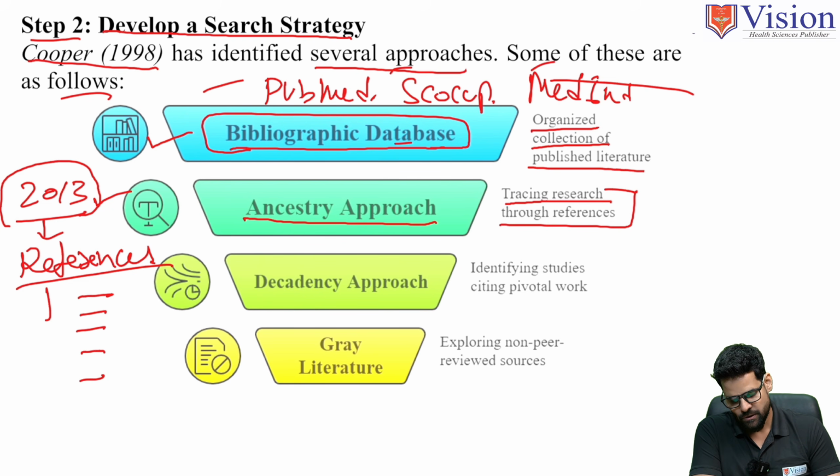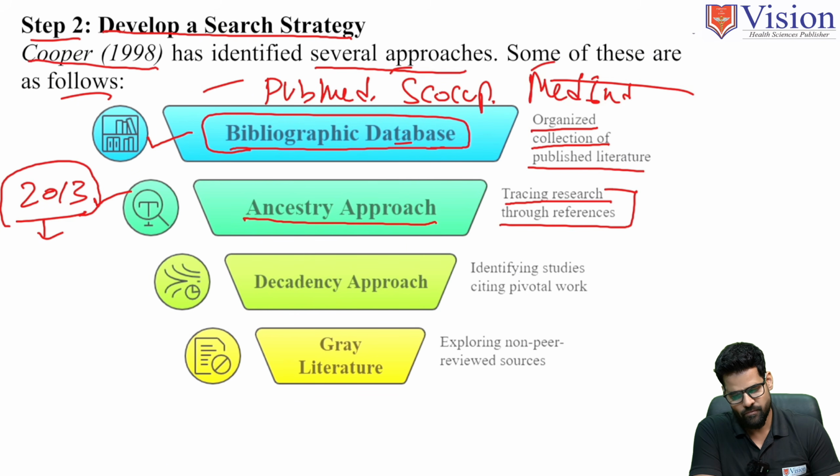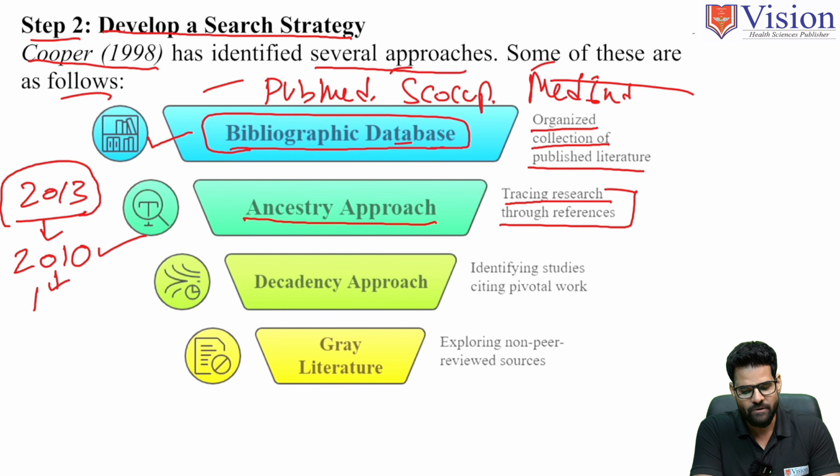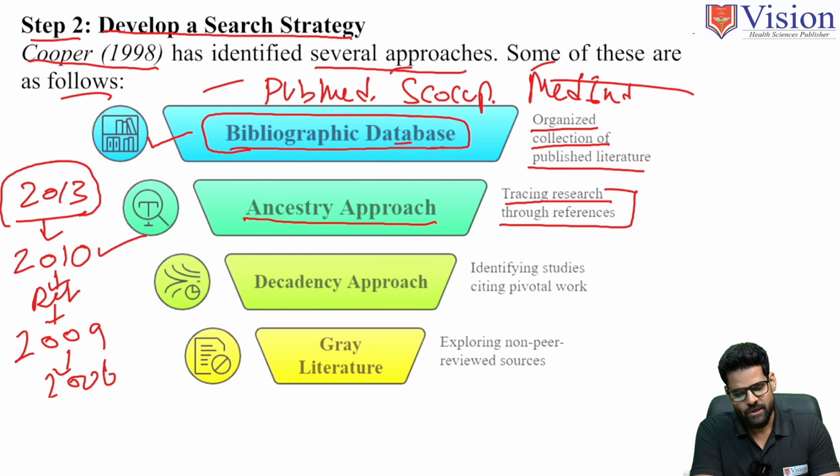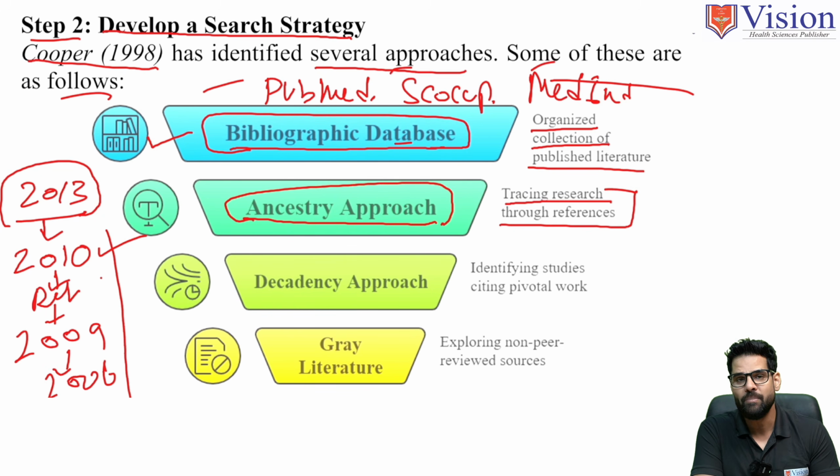Now suppose from 2013 you referred to the reference section and found a research done in 2010. Then you went to this research's references, and from there you find a research done in 2009 or maybe 2008. So like that you are going backward. That is why the ancestry approach is also known as backward searching. You started from 13, then 10, then 9, then 8, going earlier and earlier.